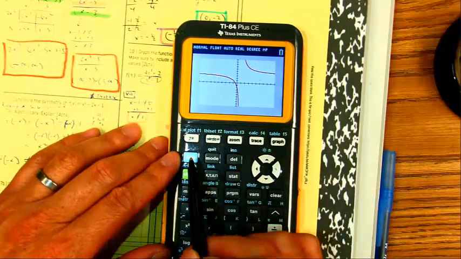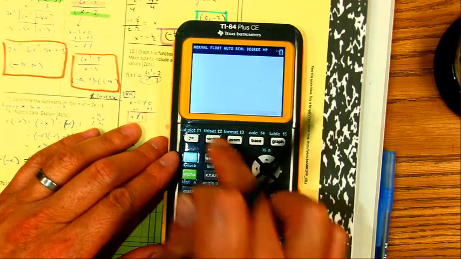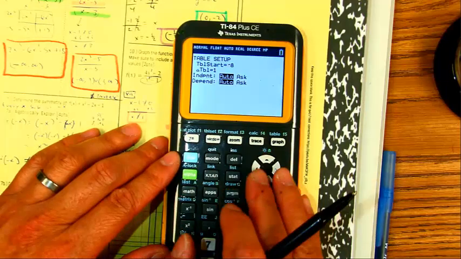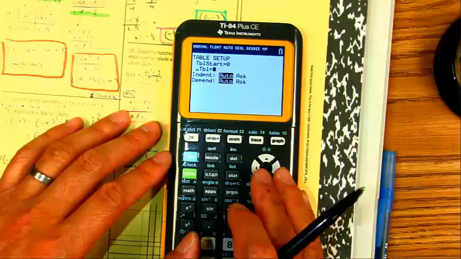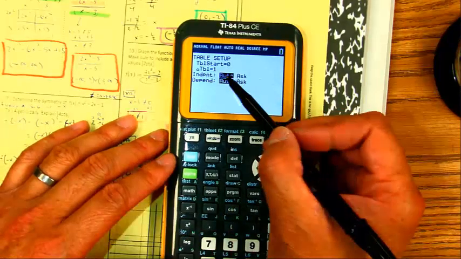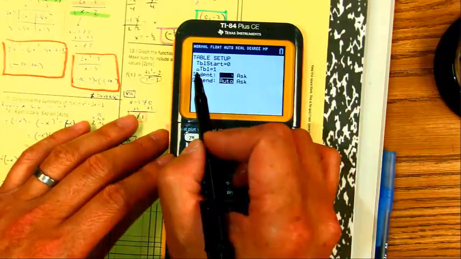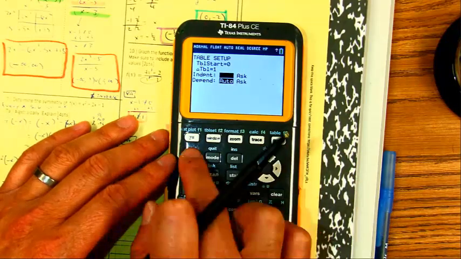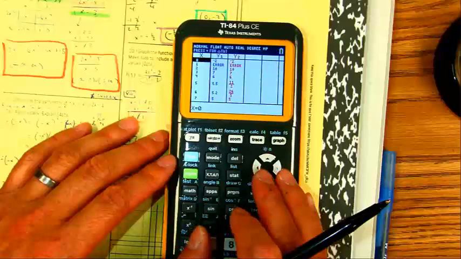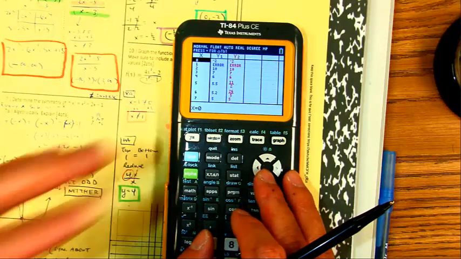So second window to make sure the table set's correct. Doesn't matter what number it is. You can start near 0. The vertical asymptote will be fine. Counting by ones is great. This one says automatically, calculator automatically figure out the x values, and you want to automatically figure out the y values. So I'm pressing second graph. There it is. Those numbers are exactly the same.